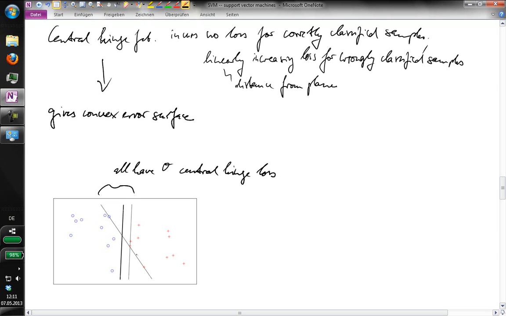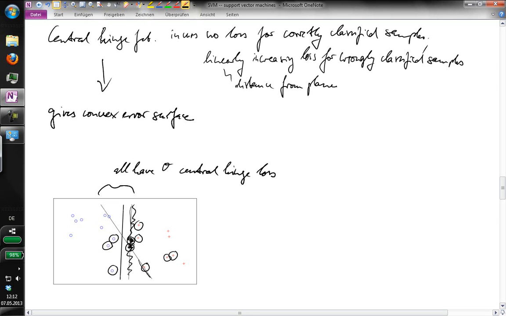Now, if you want to single out one of these solutions, there are different recipes that you could invent. One recipe is the following, to say, I want to put a margin around each observation, and I want my decision surface to not intersect with any of these margins. So here, for example, this decision surface intersects with this margin and with that margin, so we can say that we rule this one out.